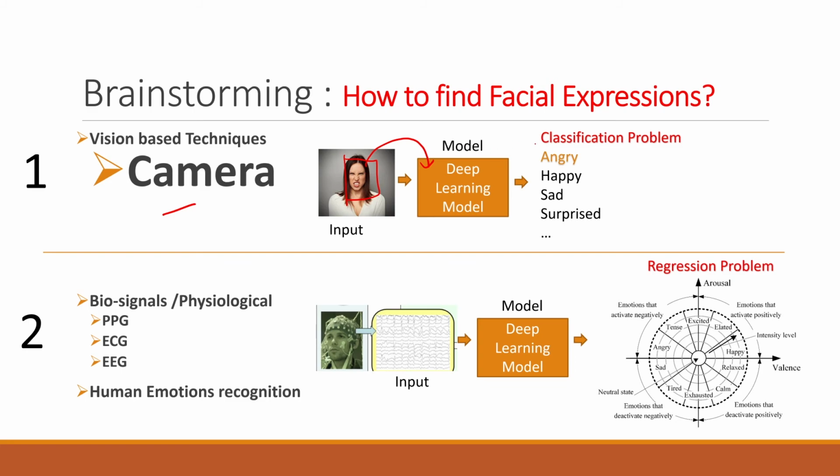In this particular case, this deep learning architecture has classified this face as an angry girl, right? We can also classify into happy, sad or surprised based on the facial features. In this case, we do not know the intensity of the angriness.